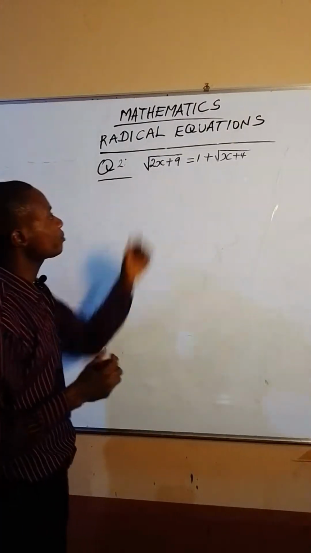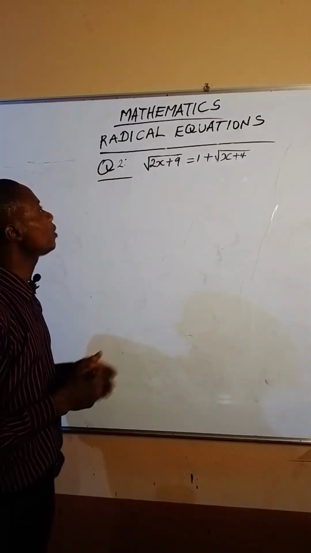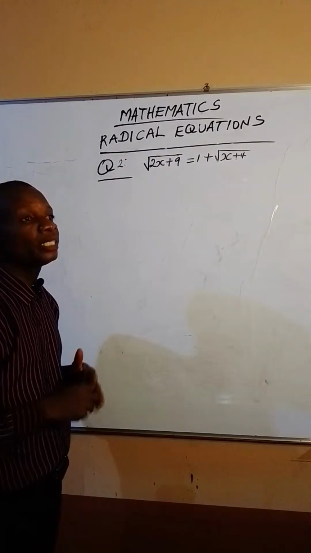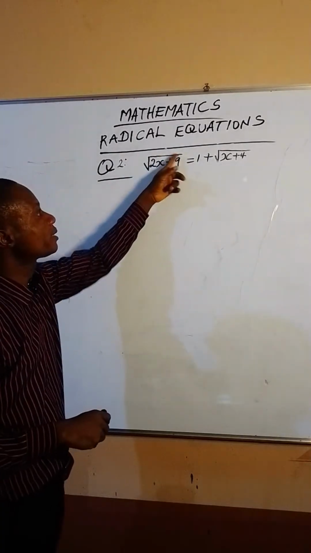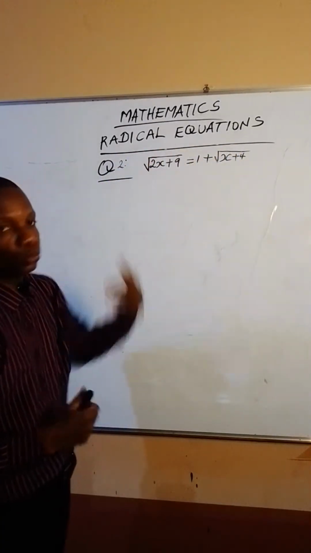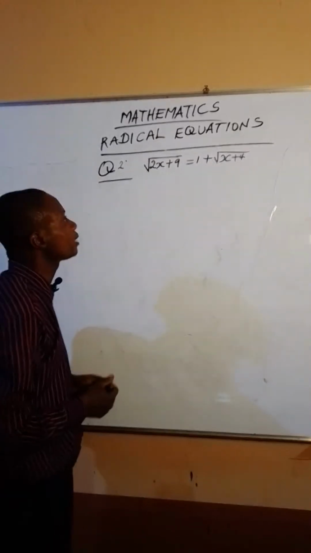So this is the second one. This is also a radical equation because it has roots.